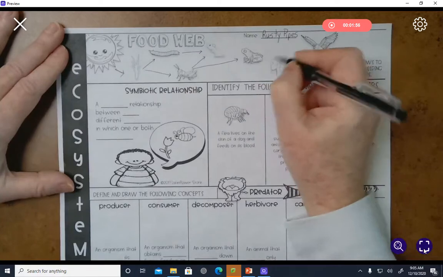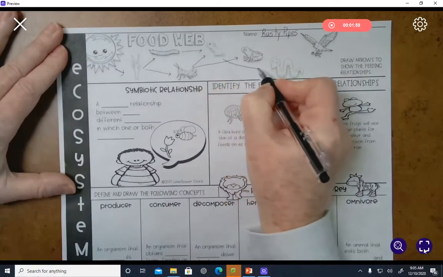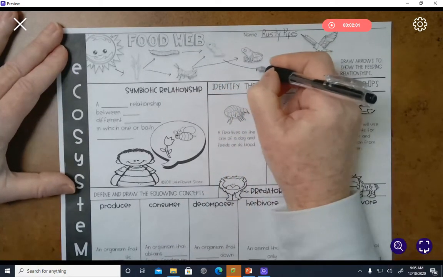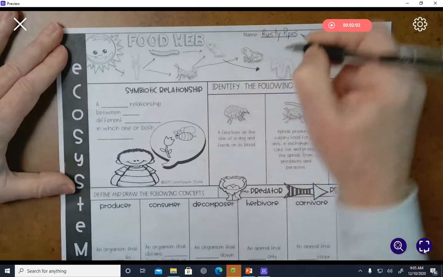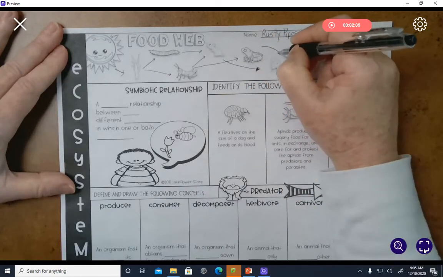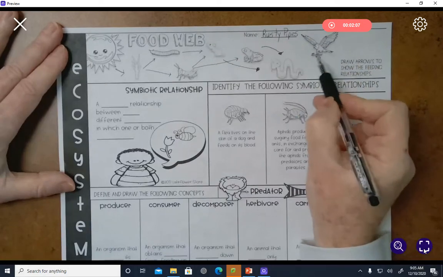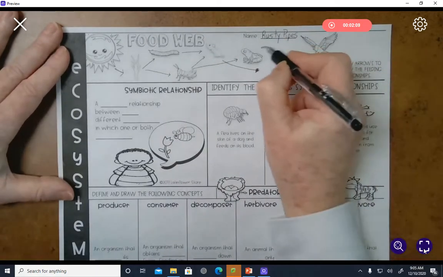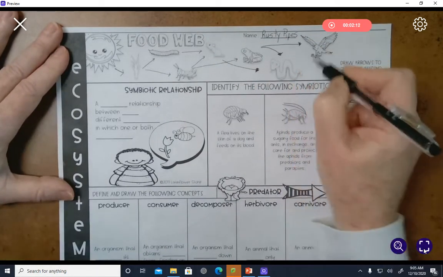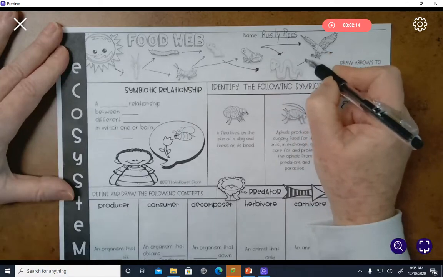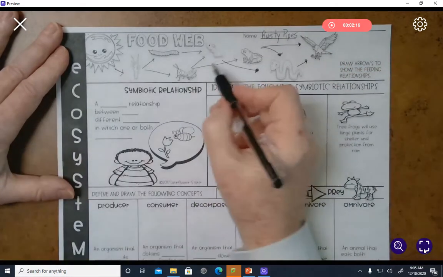I think snakes eat this. And, oops, sorry about that. And they also eat frogs. And I think birds of prey will eat frogs and they will eat snakes. And believe it or not, I know that they eat bugs as well.